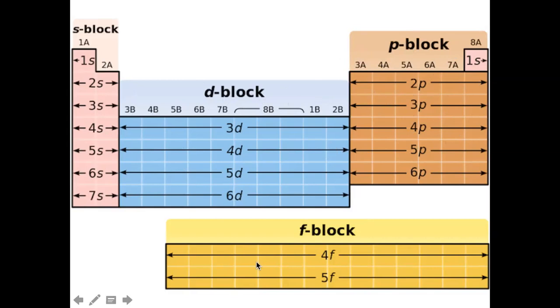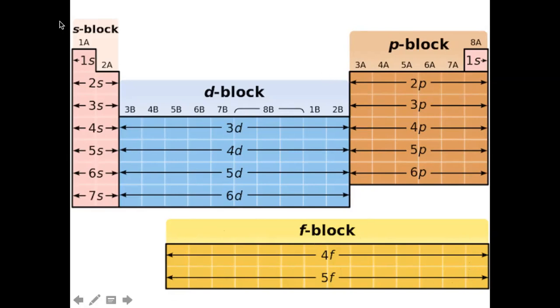And the F blocks will have a maximum of 14 electrons, so we're going to have F1, F2, F3, F4, F5, F6, F7, F8, F9, F10, F11, F12, F13, and F14. And then we're going to study that deeper as we proceed in the video.